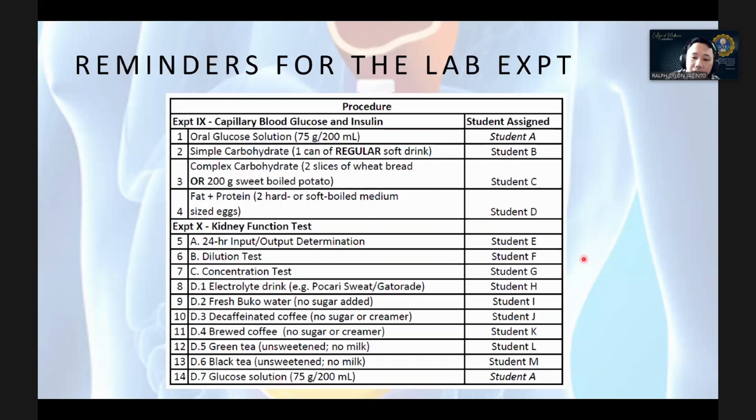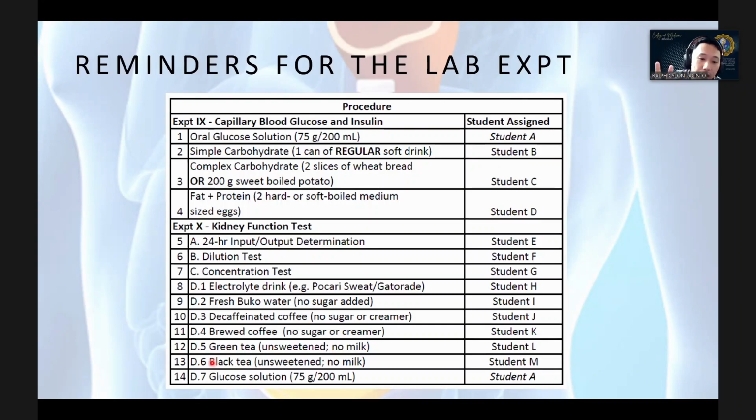In cases where you have less than 13 students, for example 12, 11, 10, you may choose either green tea or black tea.